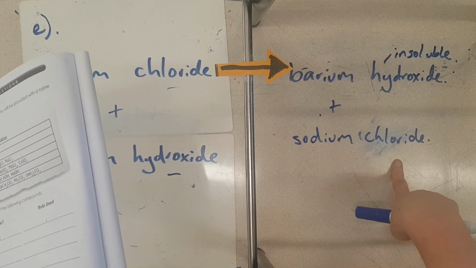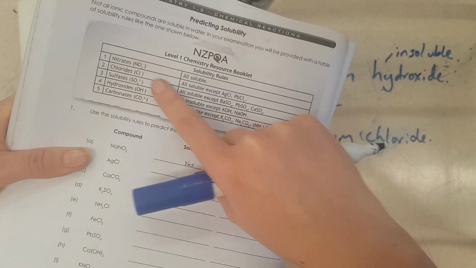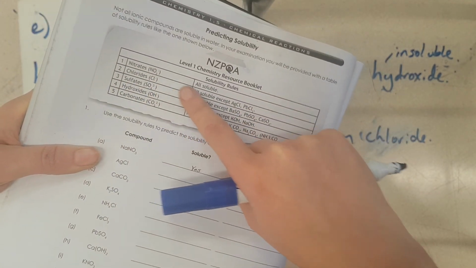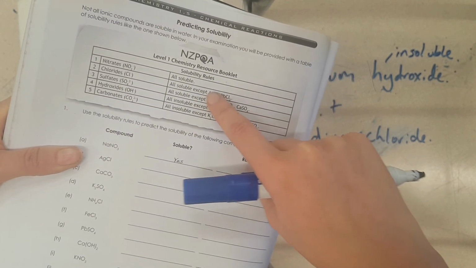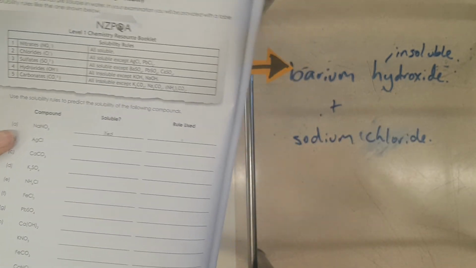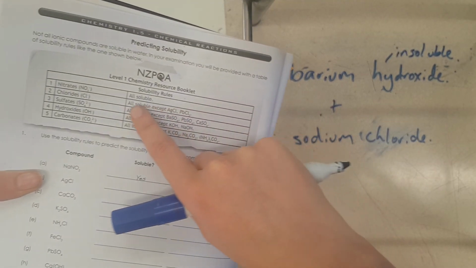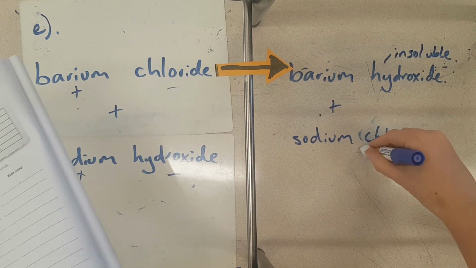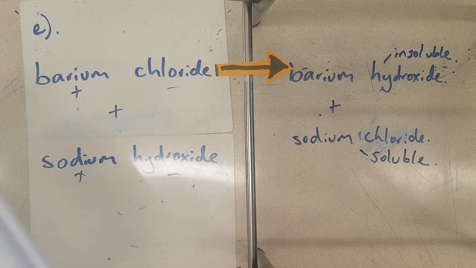What about sodium chloride, or salt as you guys know it? Let's look at the table. Yes, there's a rule. Chlorides, all soluble except for AgCl and PbCl. Sodium chloride, it's not one of those, we know it's NaCl, and so it must be soluble. It can dissolve in water, which we know because it's salt water.